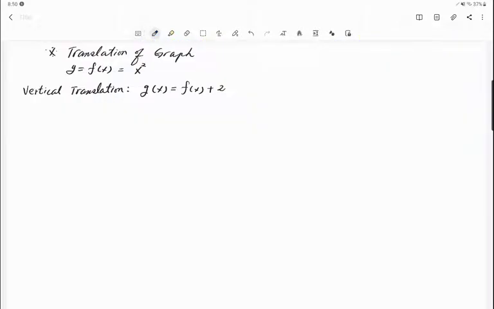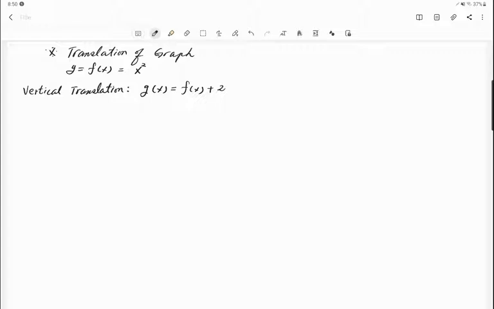Okay, next definition is about translation of graphs. In this case, translation means shift: shift up or down, or shift right or left.